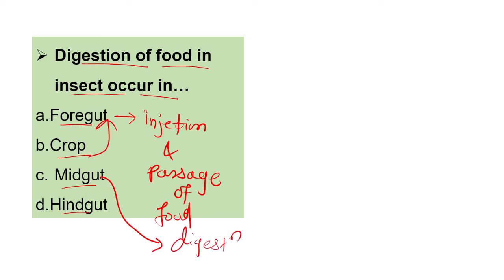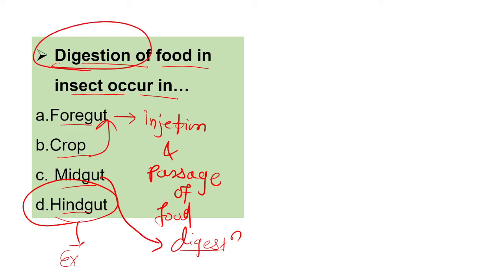Various enzymes are secreted in the midgut, and they help in digestion and absorption. While the hindgut performs excretion, as the malpighian tubules help in excretion in this alimentary canal. And our question is digestion of food. The correct answer is option C midgut, where digestion occurs because of the reaction of various enzymes.